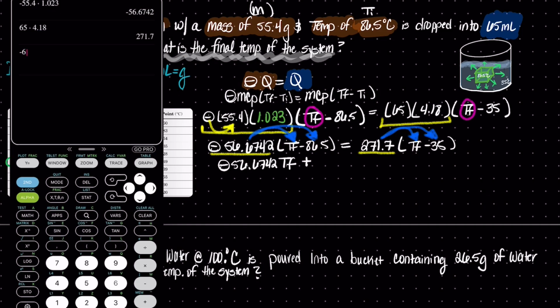So negative 56.6742 times another negative 86.5 gives me that 577.